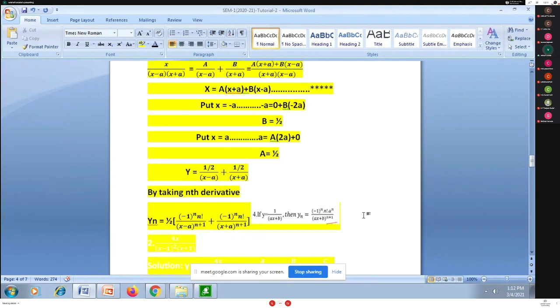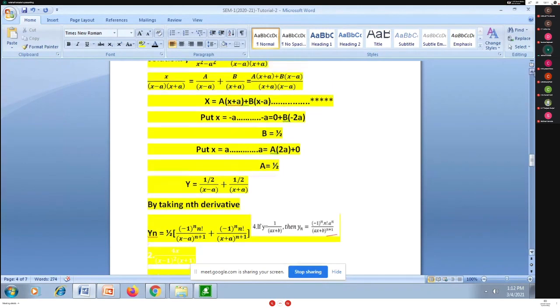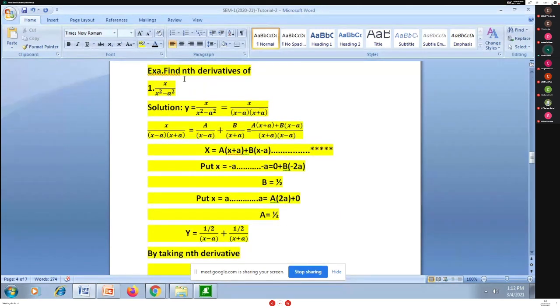This is the way, whenever you are asked to find the nth derivative of a function in terms of x or algebraic form, you check if the function is in numerator upon denominator form. At that time you decide on partial fractions.